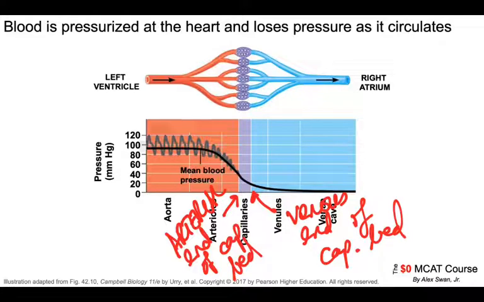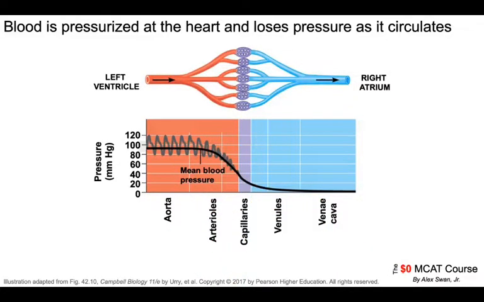And we notice that the blood pressure is going to fall from here down to here once it reaches the venous end. So we have a decrease in the blood pressure as we move from the arterial end of the capillary bed to the venous end of the capillary bed.